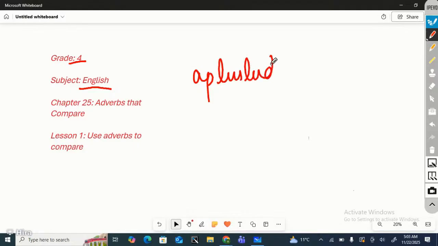Let's log into aplusstudents.com. Use your username and password. Then open the Language Arts section.